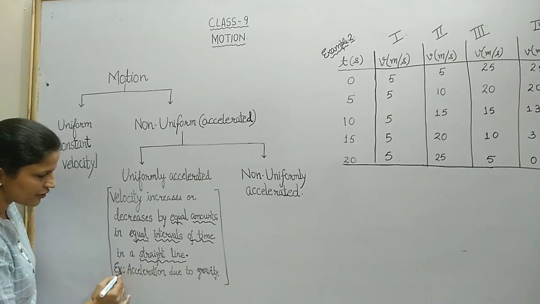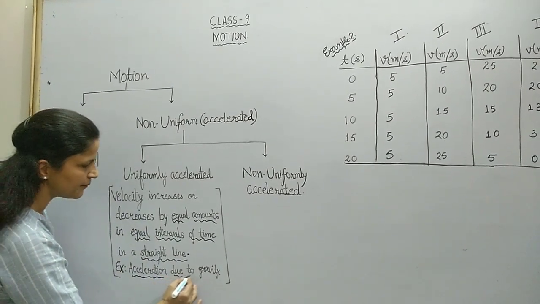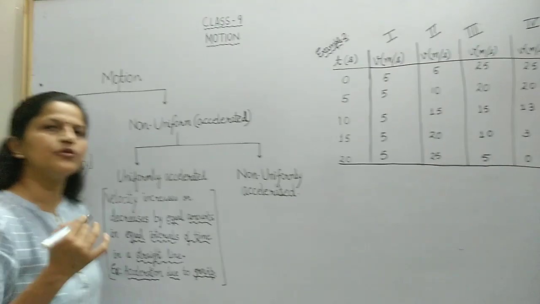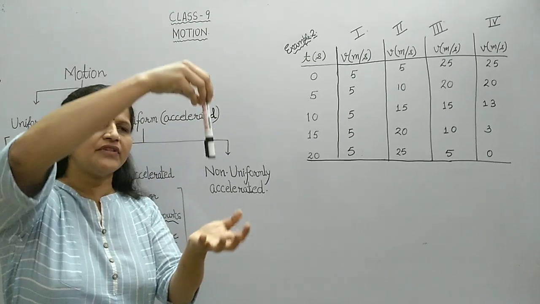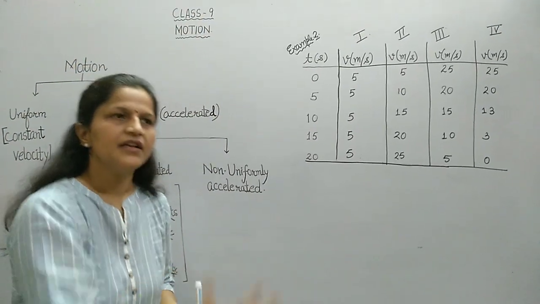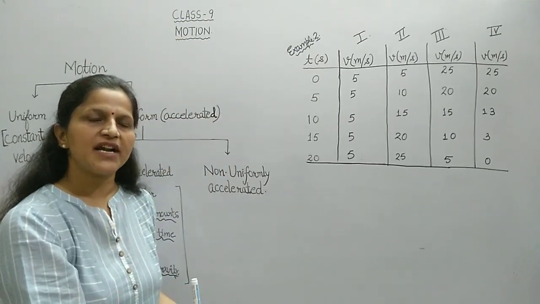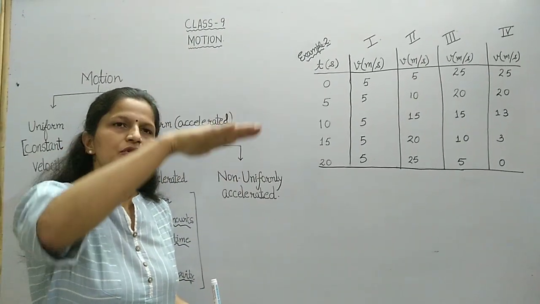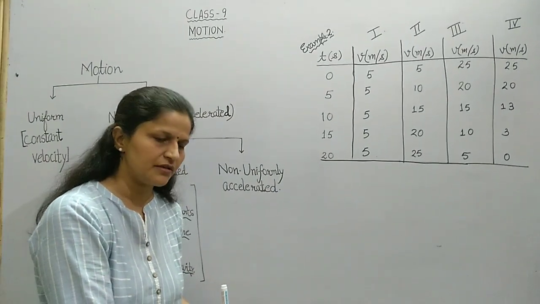An example for uniformly accelerated motion is acceleration due to gravity. Now what is acceleration due to gravity? We have seen that whenever we drop a body downwards, it is pulled by the gravity. What happens to its speed? Its motion takes place in a straight line path and its speed goes on increasing as it approaches in the downward direction.